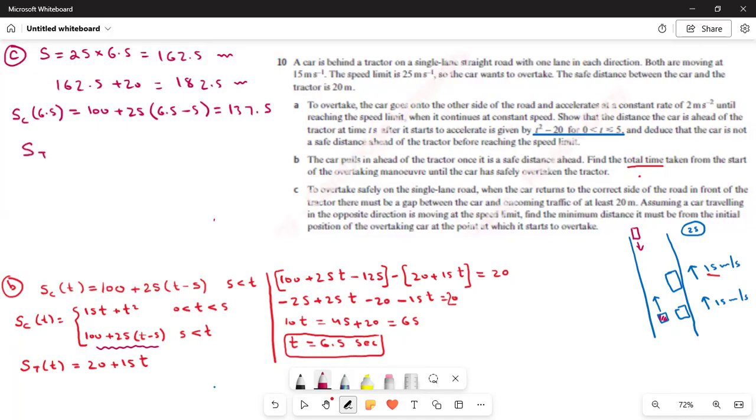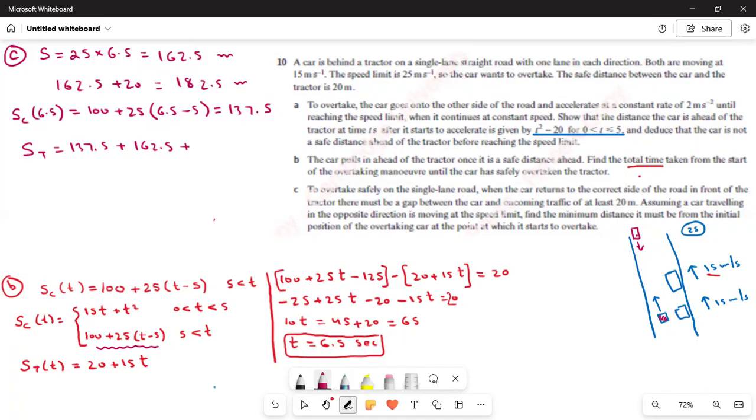Okay, so the total distance is the distance traveled by our car, which is 137.5 meter, plus in the same amount of time the distance traveled by this car, which was 162.5 meter, and plus a safe gap of 20 meter.